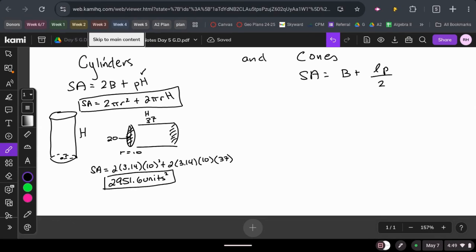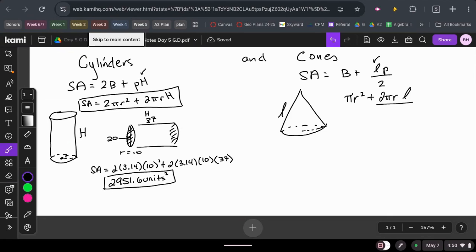Whenever you don't have the units, you can just use the word units. All right, with a cone, similar idea. We have the radius and the slant height. We just need to use the area of the base and the perimeter. So the area of the base is, again, pi r squared. The L, I like to put at the end, because then when I do 2 pi r for the perimeter of the base, it's in the front.